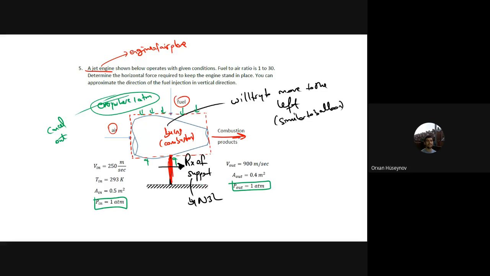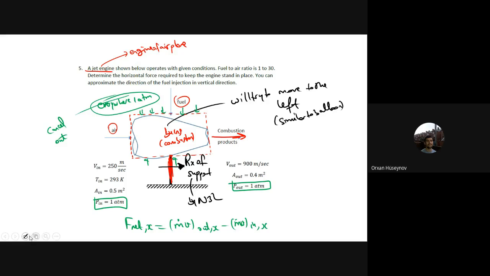And the only force that comes into the picture is the reaction force here in the x direction. Okay, in the x direction. And if I write the conservation of momentum, and I'm interested in the x direction because the force is in the x direction, we will have that F net in the x direction will be m dot v out in x direction minus m dot v in in x direction.